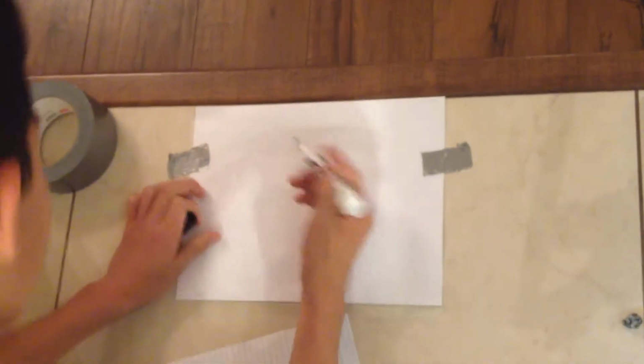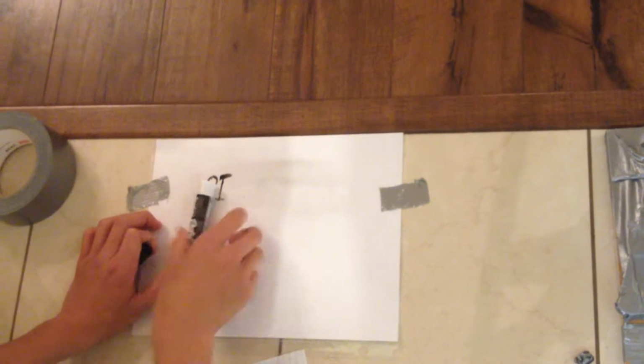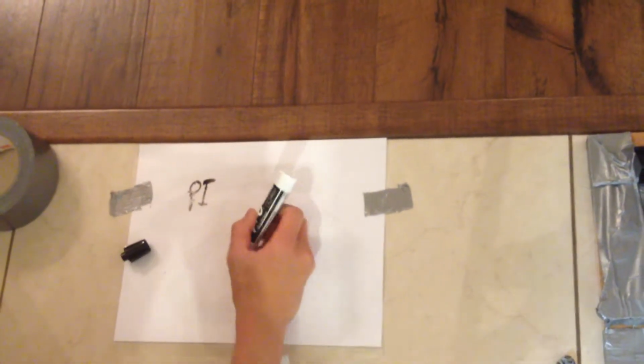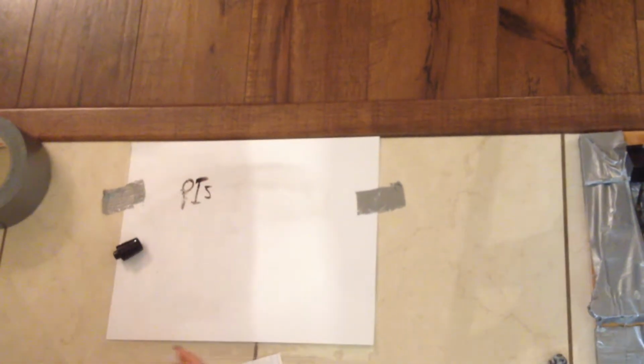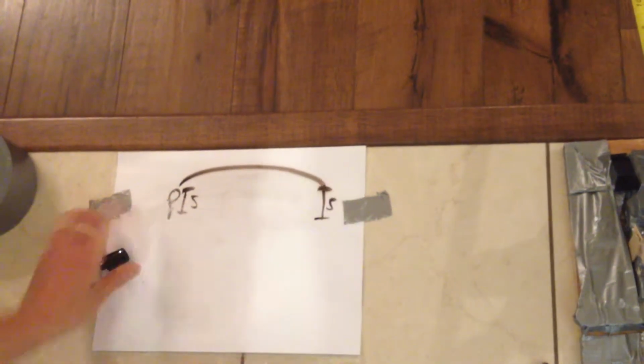To get that extra portion, you have to set your catapult away from the wall. So here's the catapult, and you have to find the height of its release point. Mine was about 5 inches. So I would put it away from the wall, so when it came down, it would hit 5 inches.